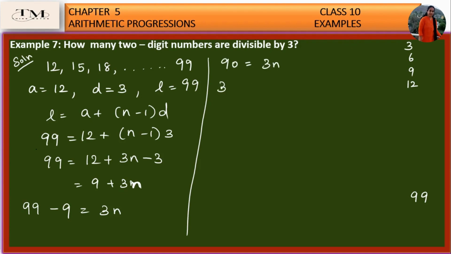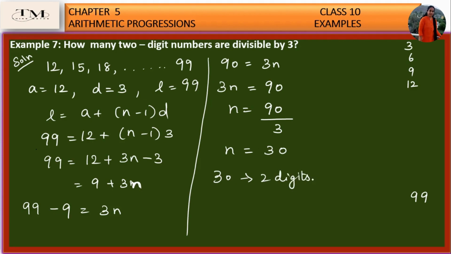This can be written as 3n equal to 90. Then n will be equal to 90 divided by 3, because when the side changes, a product becomes a division. 90 divided by 3 is 30. So 30 two-digit numbers are divisible by 3. I hope you can understand this problem.